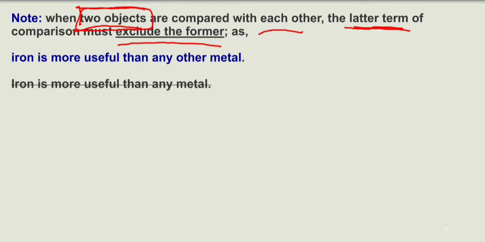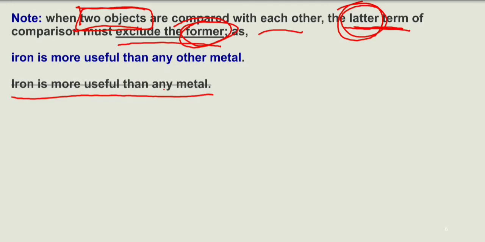How? We have two examples. Iron is more useful than any other metal, and the second is iron is more useful than any metal.